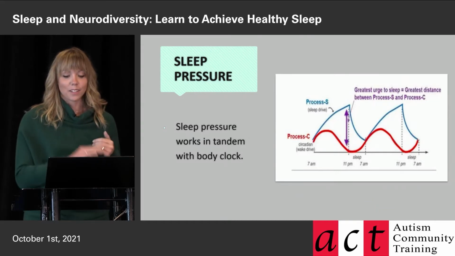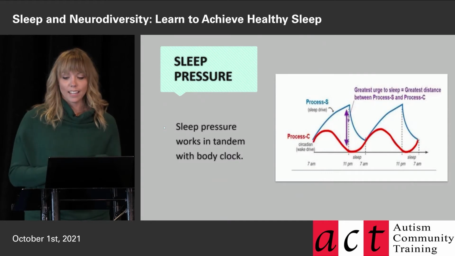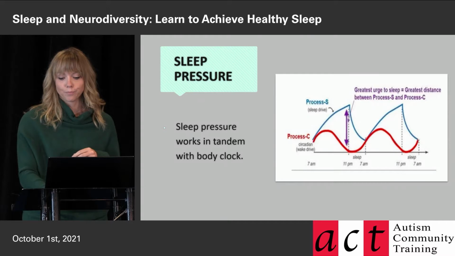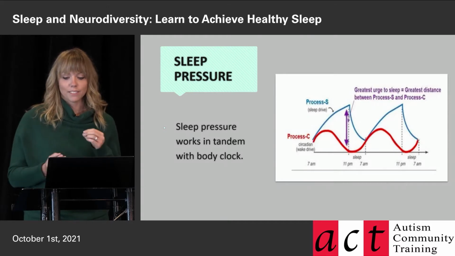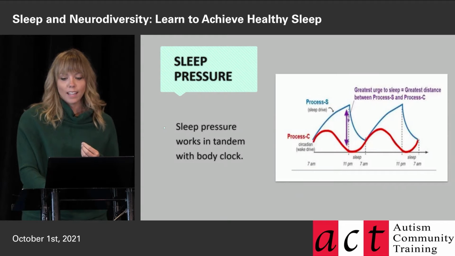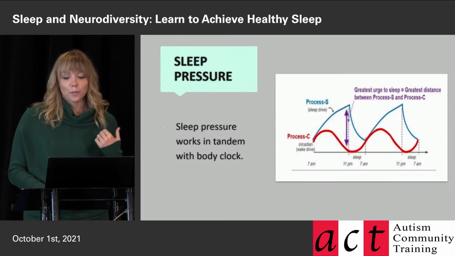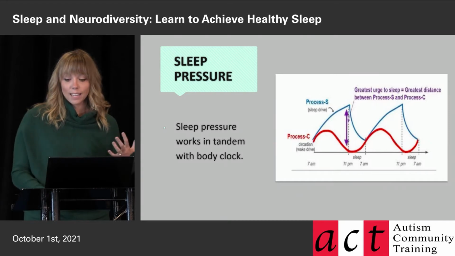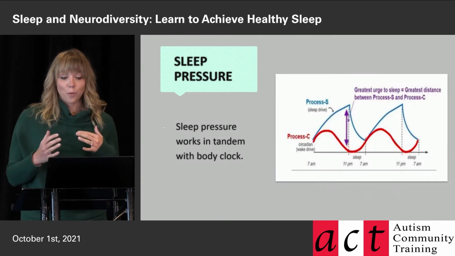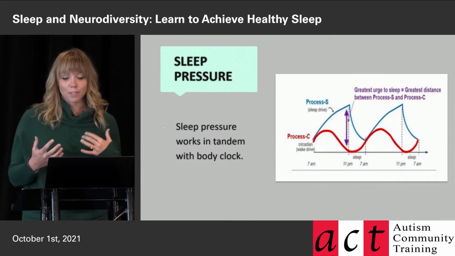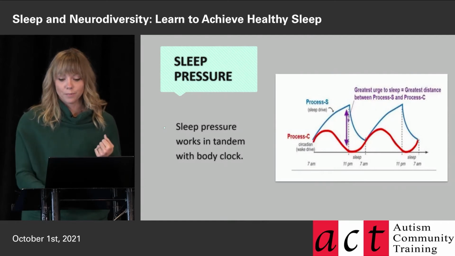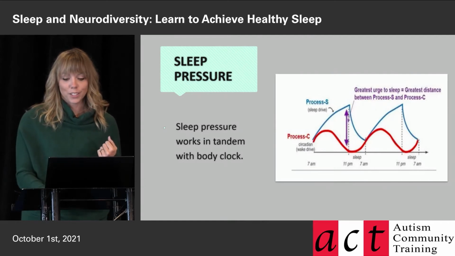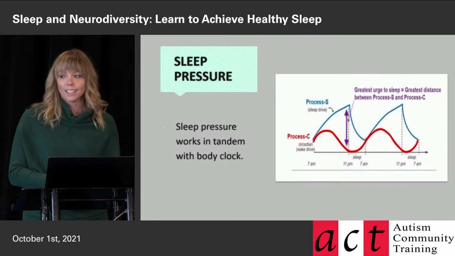It increases over the day so that you get a higher level and all of the receptors are full. That's when you start to feel that urge to sleep and that wall starts to come up. It feels like pressure, which is something we work with when working with plans and trying to figure out where everyone's circadian rhythm and sleep pressure drive are. Usually you can barely keep your eyes open at that point.